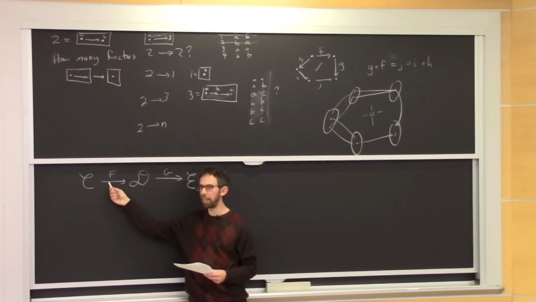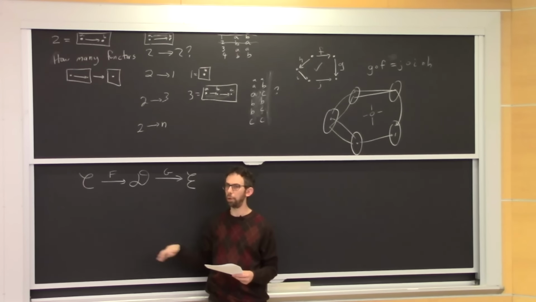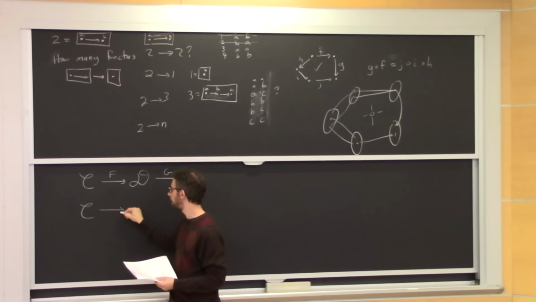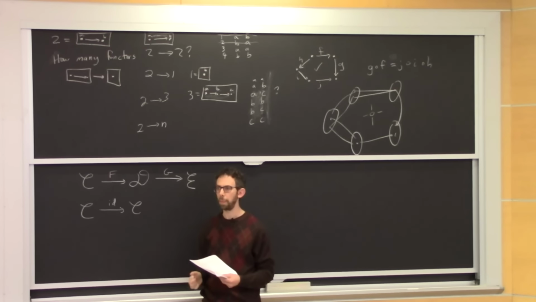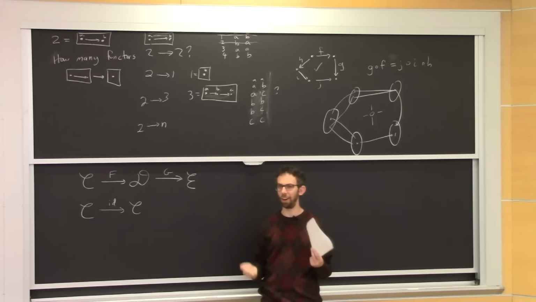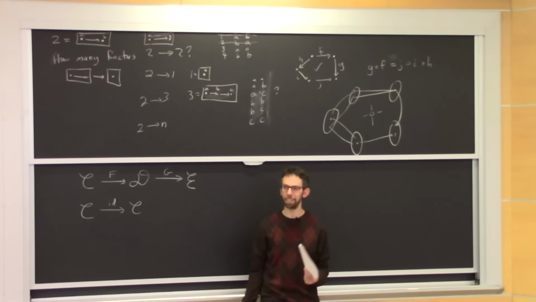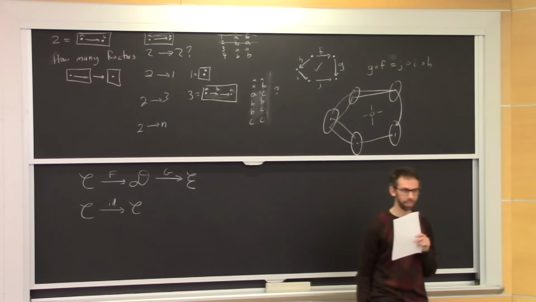And if this one preserves identities and this one preserves identities, then so will the composite. So we can compose functors. And there's also an identity functor that says every object in C goes to itself and every morphism goes to itself. And two morphisms are inverse if when you compose them, you get back to the identity. And it is not the case that all functors are invertible. OK. Other questions?